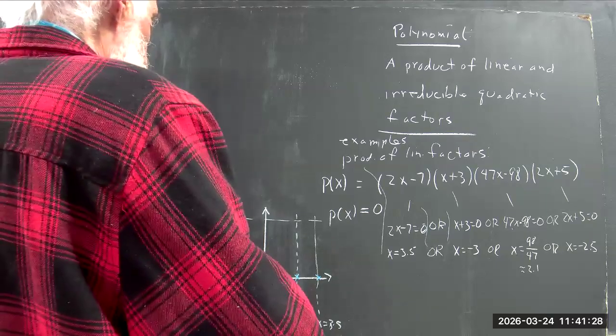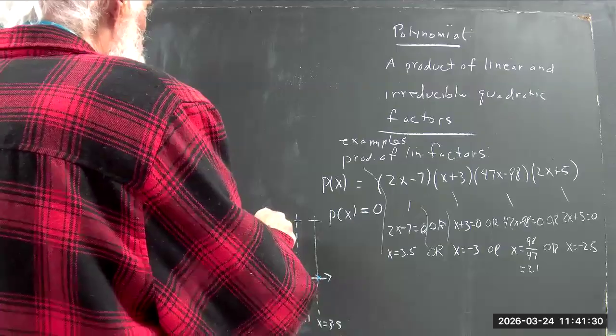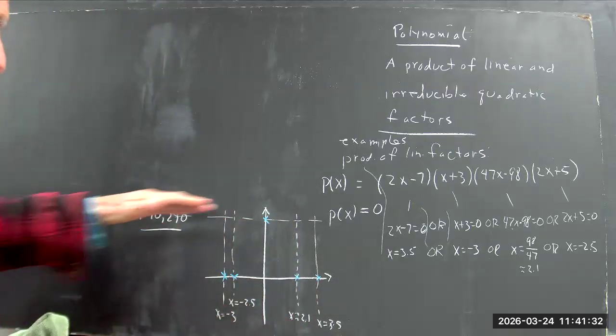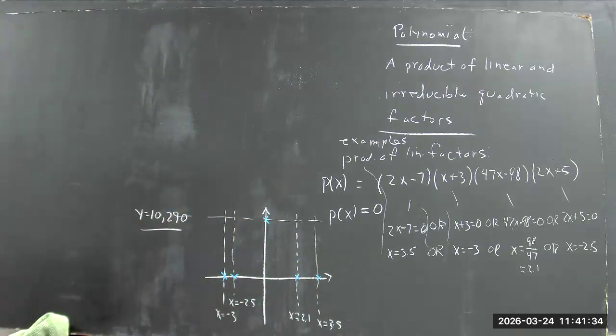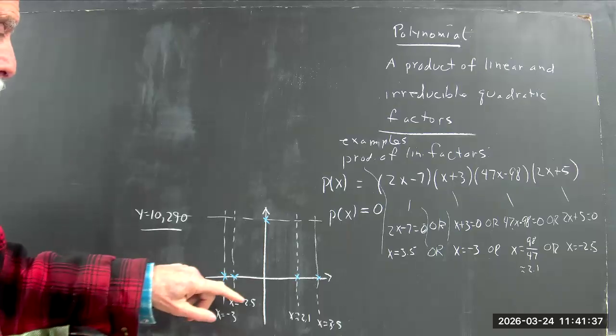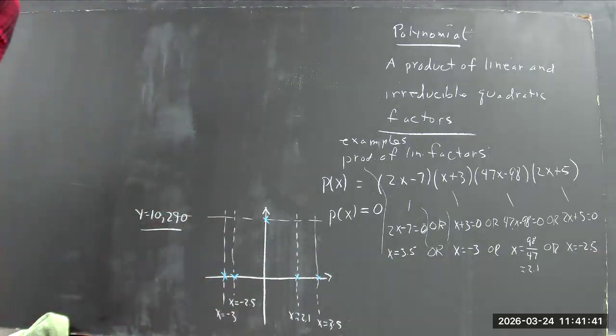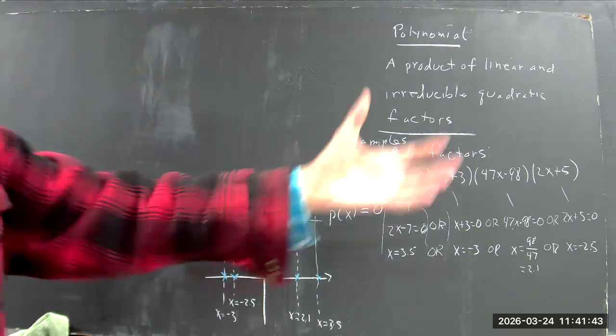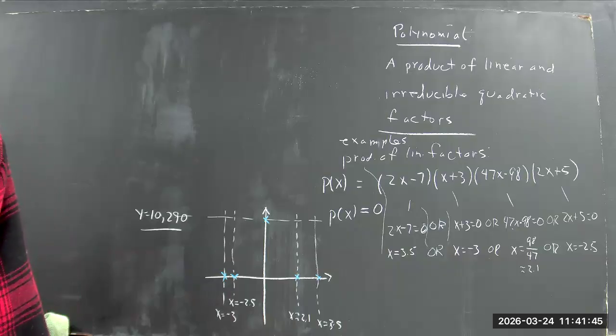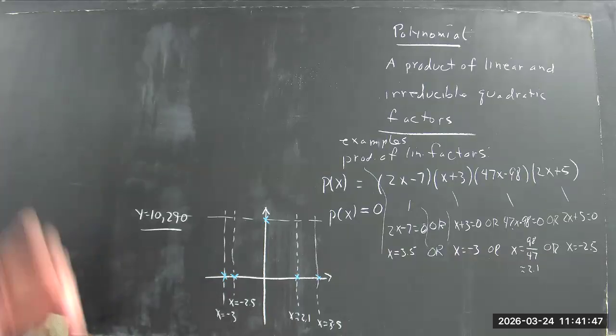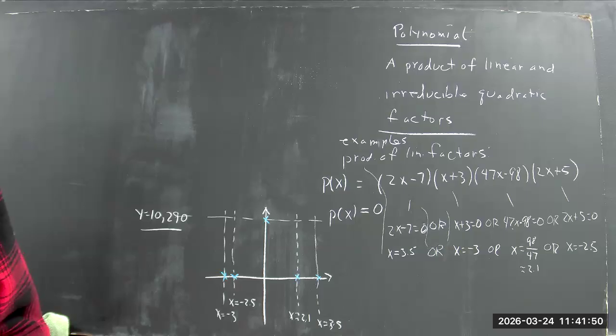So we have a point here on the y-axis at y equals 10,290. What's on the x-axis at x equals negative 3, negative 2.5, about 2.1, and 3.5. So now we got to draw a curve that goes through all these points. Okay? We got to do the long run behavior.